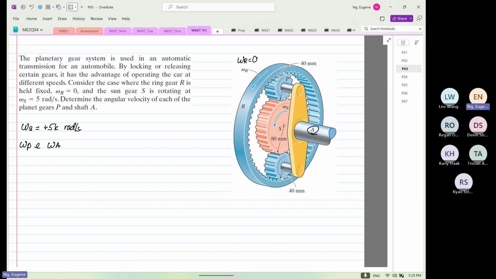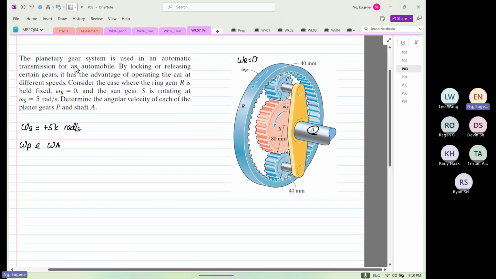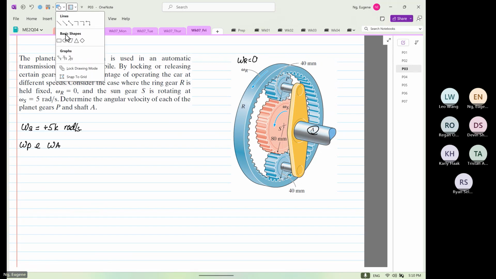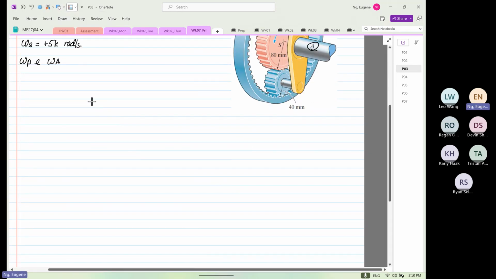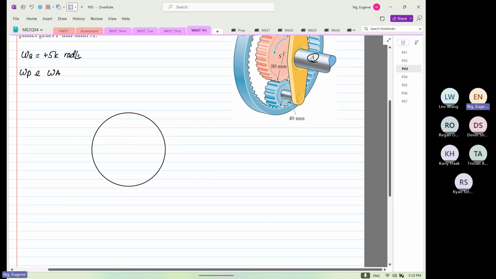So now I'm only going to deal with one gear. You know to do with two is not necessary because it's the same, it's symmetry. So now I'm going to sketch the sun. So this is the center.